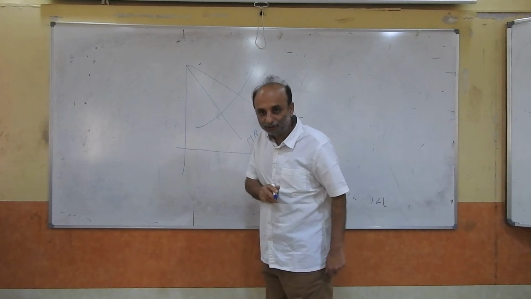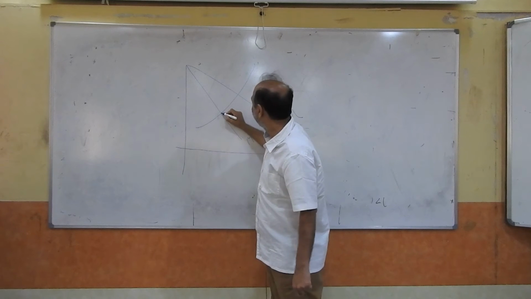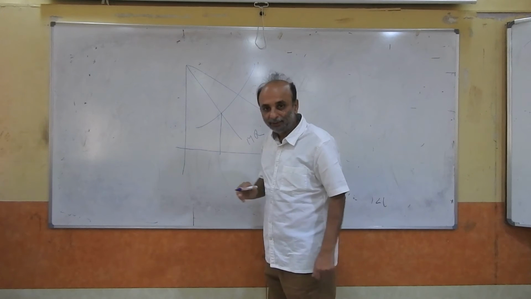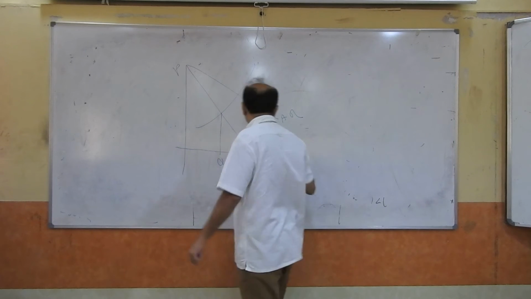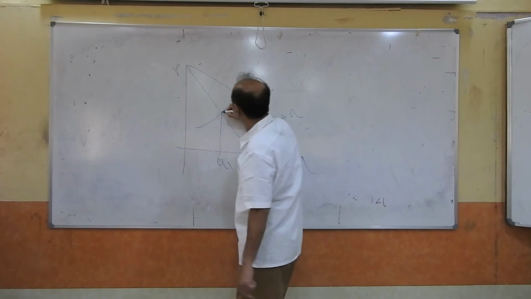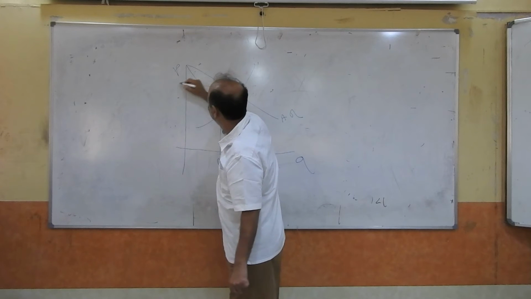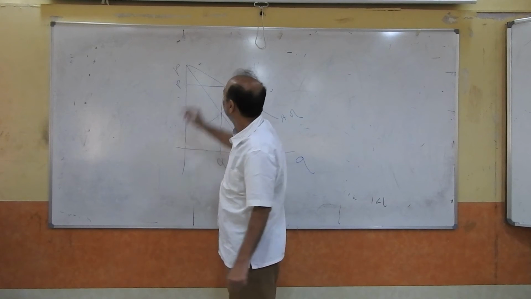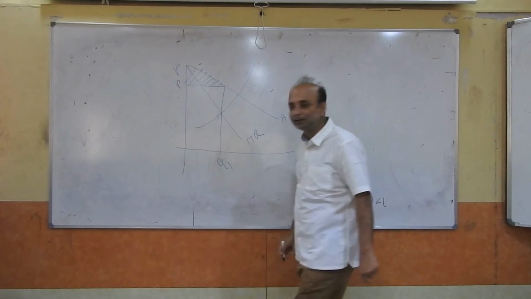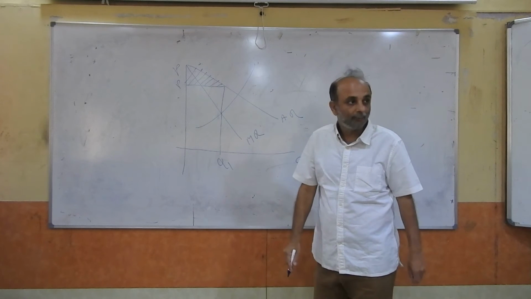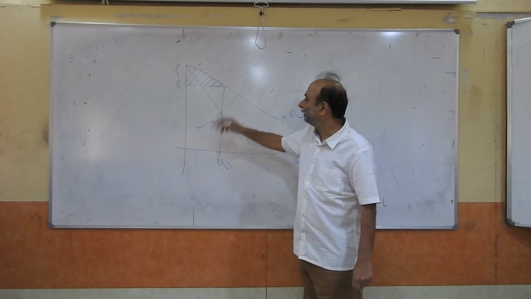This is the marginal cost curve. This is the point at which marginal cost equals marginal revenue. This is the quantity. We have price on this axis, quantity on this axis as usual. So this is the price. This is the consumer surplus.